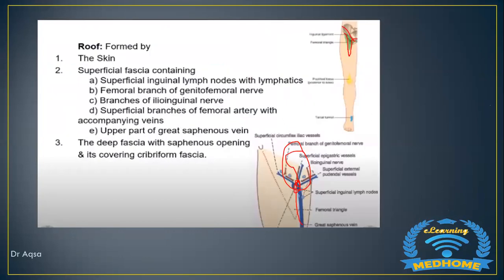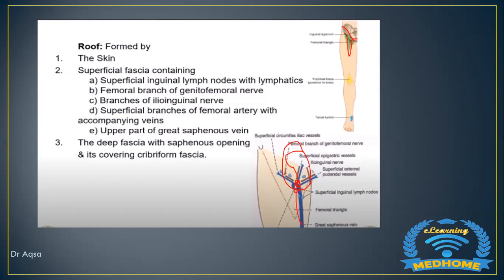Roof, mainly we have the skin, superficial fascia, and the deep fascia. The superficial fascia mainly contains the superficial inguinal lymph nodes, the femoral branch of the genitofemoral nerve, branches of the ilioinguinal nerve, and the superficial branches of femoral artery and the veins, and the upper part of the saphenous vein.